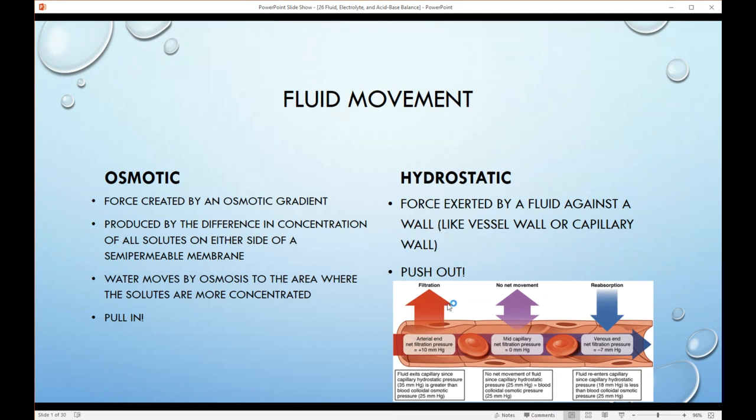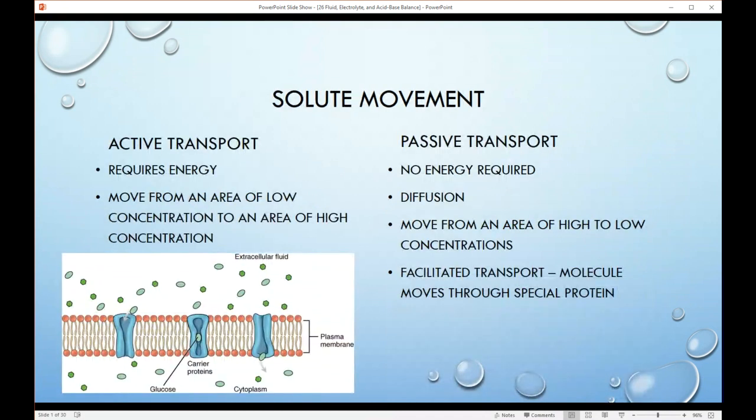So we've talked about that push out happening on the arterial end because the hydrostatic pressure was much higher. At the venous end, we end up with higher osmotic pressure, so we get reabsorption. Then we also have the movement of solutes. Solutes can be moved actively or passively. Active transport requires energy, and this is when we usually are moving from an area of low concentration to an area of high concentration.